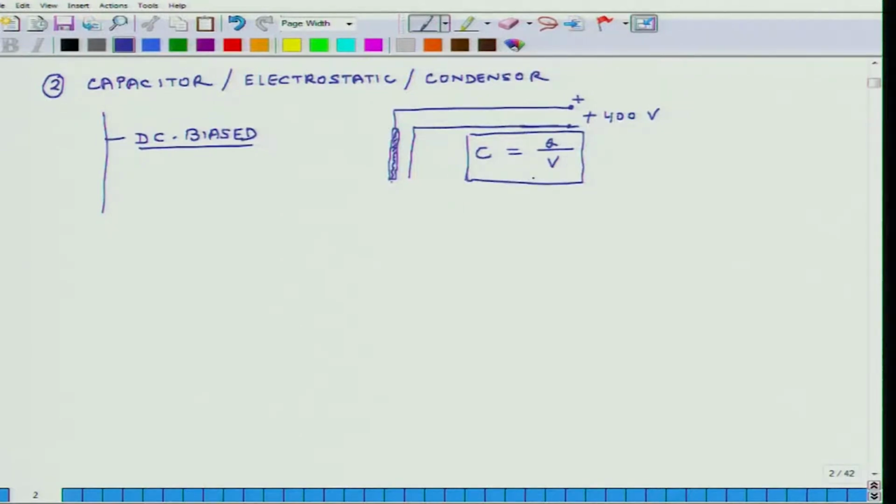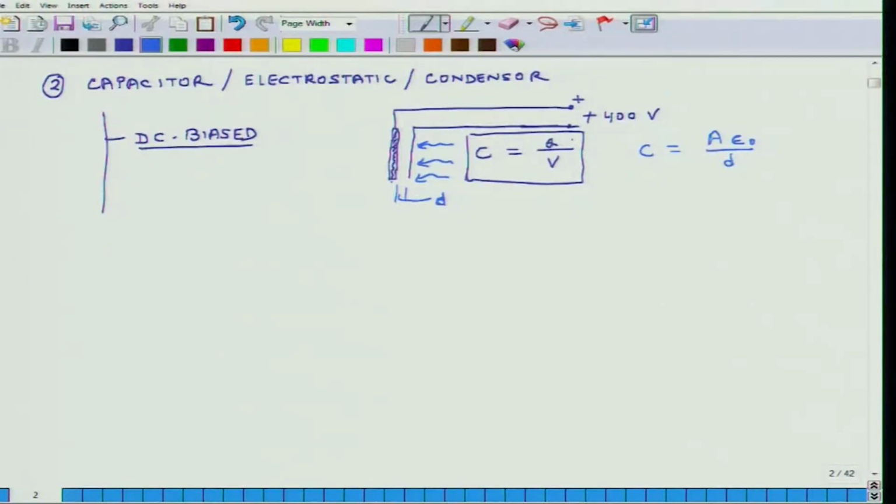And this charge does not change a whole lot. Now suppose some sound pressure wave comes and hits the diaphragm, then the distance between these two plates changes, and we know that capacitance is also nothing but the area of the plates times the permittivity constant divided by the distance between the two plates.